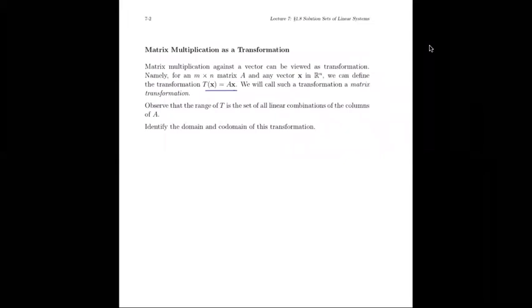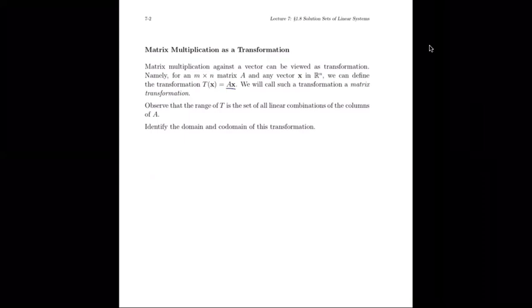If we have an m by n matrix A of real numbers, and any vector x in Rn, we can define the transformation T of x as the matrix product A times x. We'll just multiply that vector by the matrix A, and the result of that is the image, or the output, of the transformation T.